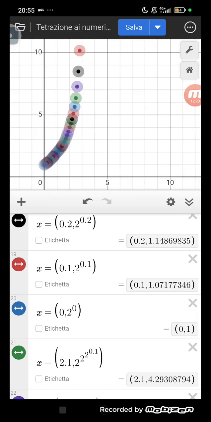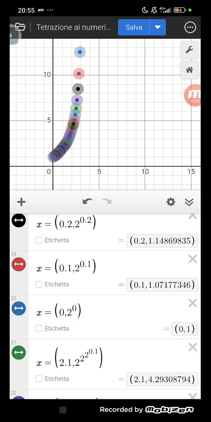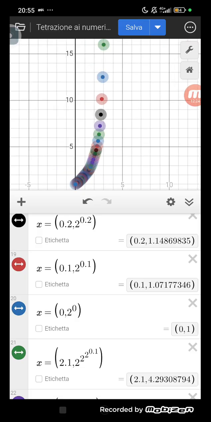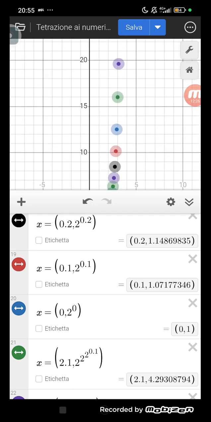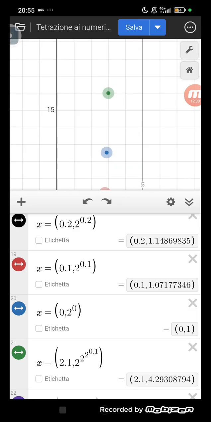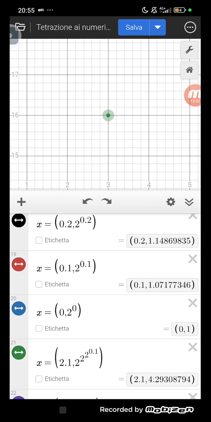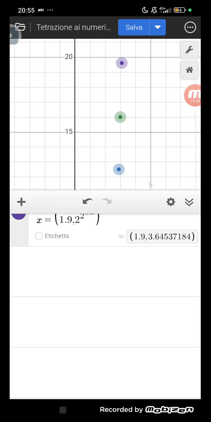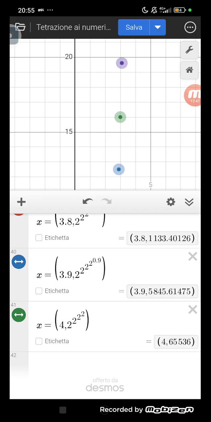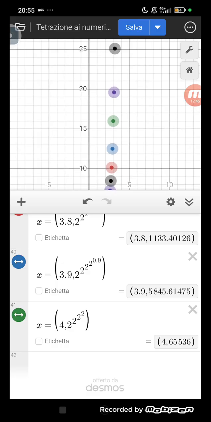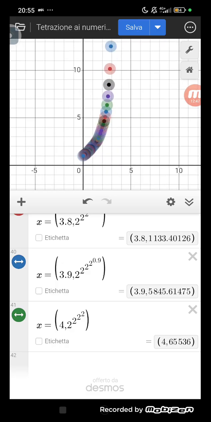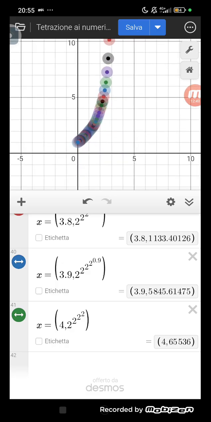And this continues. Already you see it starts growing much. 2 tetrated to 3, it's 16. And if you calculate 2 tetrated to 4, it's 65,536. So you look at this graph, you have all the points here like a parabola.